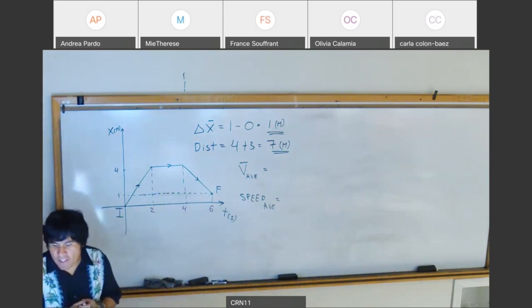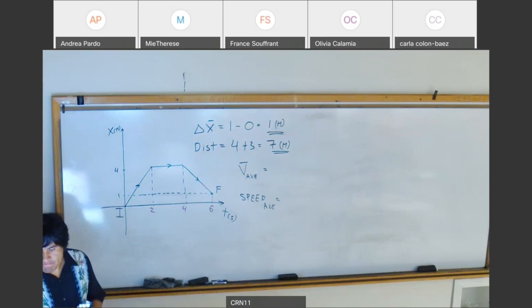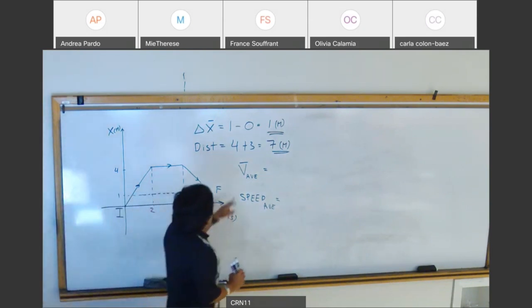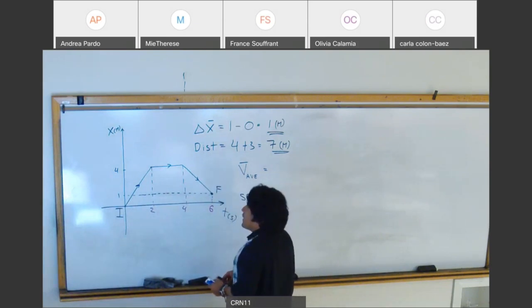The average velocity is related with the displacement.